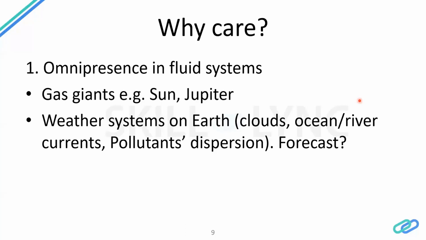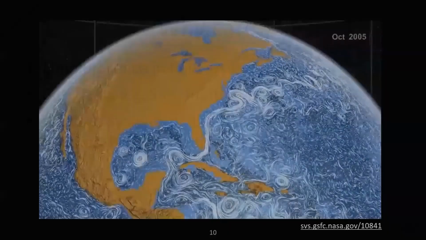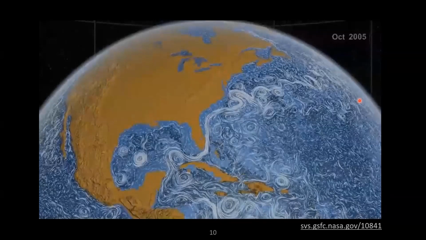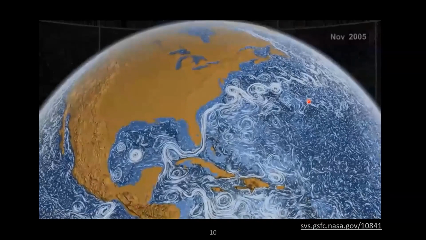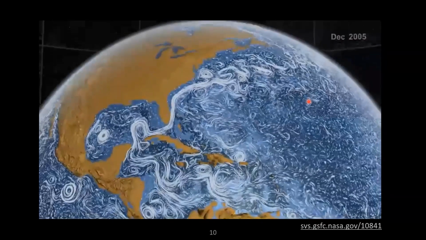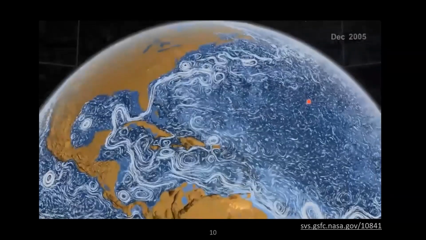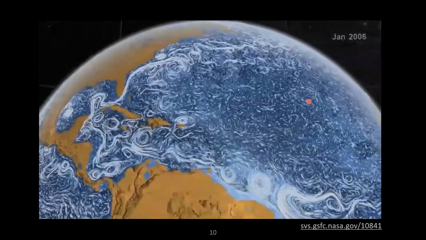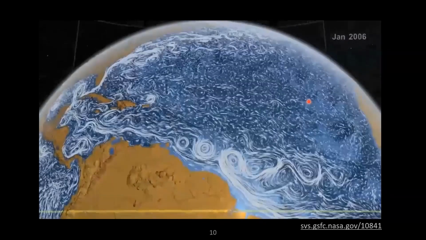Coming onto the Earth, I found this really exciting animation on the NASA website where they follow the currents in the oceans. Here, I would like to start with the Gulf of Mexico, and this is the Gulf Stream. I'd like to just play it and show you how the currents in the oceans are carrying fluid from one place to the other continuously.